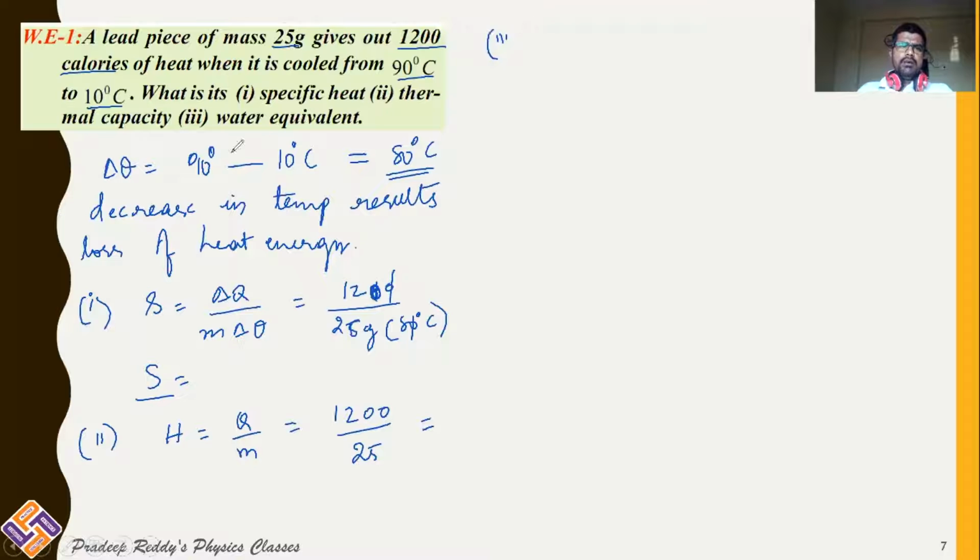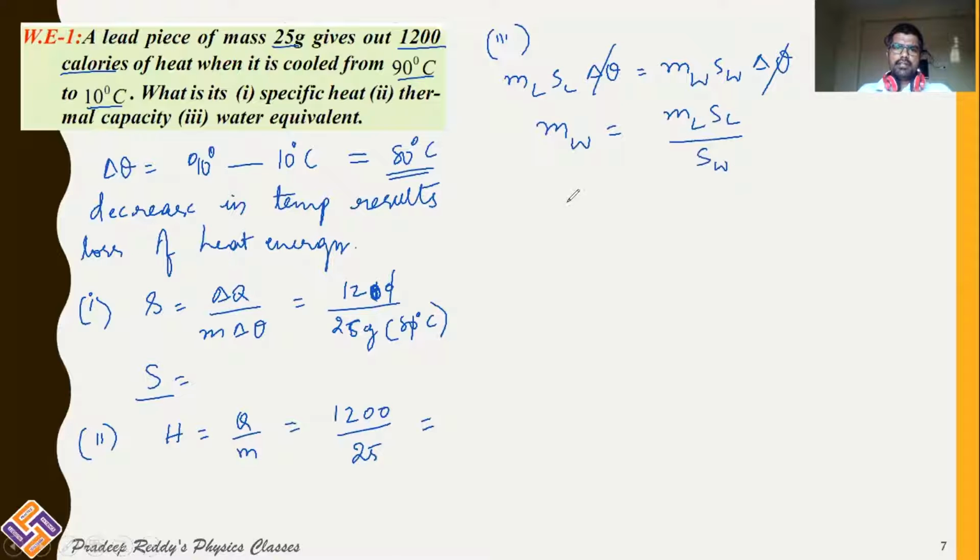And the third one, water equivalent. The basic principle is that heat required by this lead substance is equal to heat required by the water. So I can simply write mass of the lead, specific heat of the lead into change in temperature should be equal to mass of the water, specific heat of the water into change in temperature of the water. However, this will remain the same. So I can now write mass of the water is equal to mass of the lead into specific heat of the lead divided by specific heat of water.